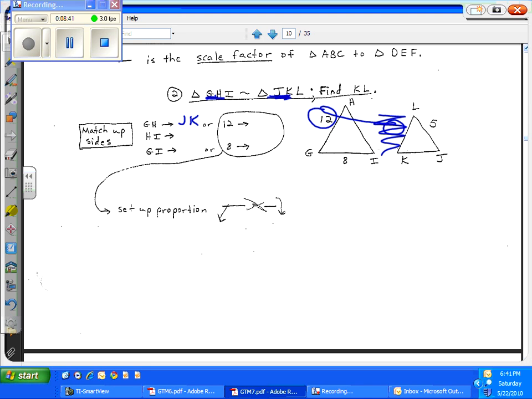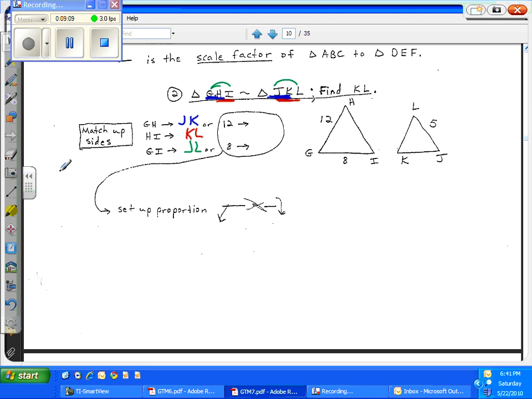GH corresponds to JK, not KL. So the left did not match the left. You can't just look at the picture. You have to look at how they're named similar. And then HI is the last 2 letters. It goes to KL, the last 2 letters. And first and last GI would be with first and last JL. Okay?